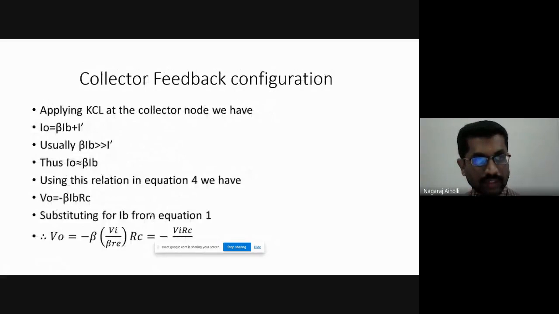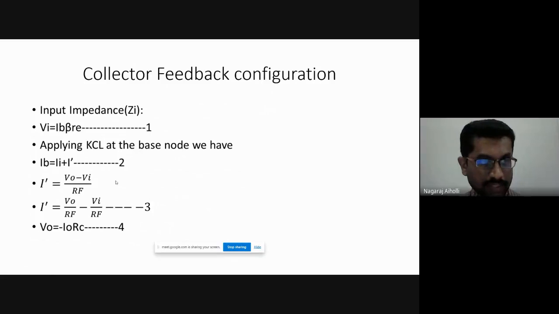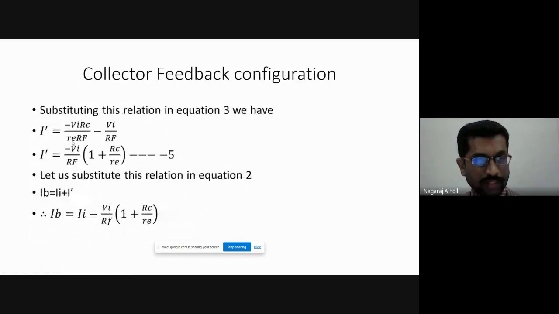Let us go back and see what is IB. According to equation 1, IB is VI divided by beta RE. Substitute for IB here. We get VI by beta RE is equal to II minus VI by RF into 1 plus RC by RE.